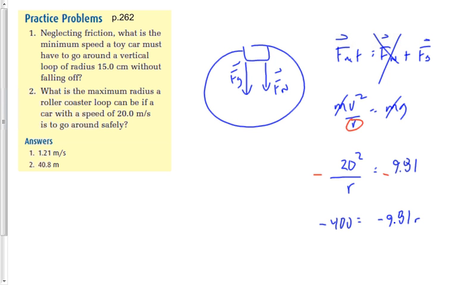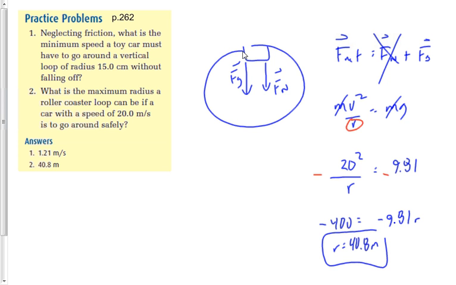So 400 divided by 9.81 gives me an r of 40.8 meters. That make sense? So if you're going that speed, you can keep increasing the radius of the circle to a really, really big radius, almost half a football field length. In other words, your loop can be almost the full length of a football field before it ends up falling out. Okay? You guys okay with this?